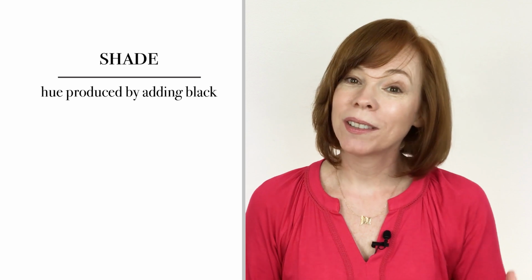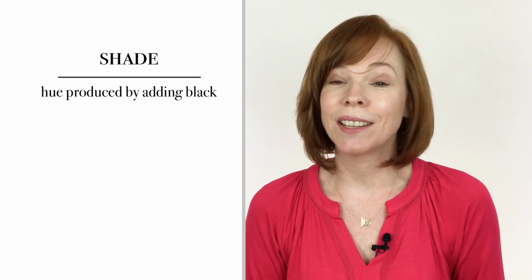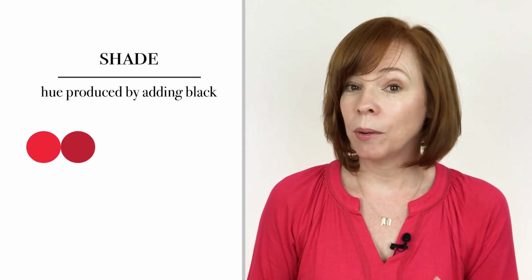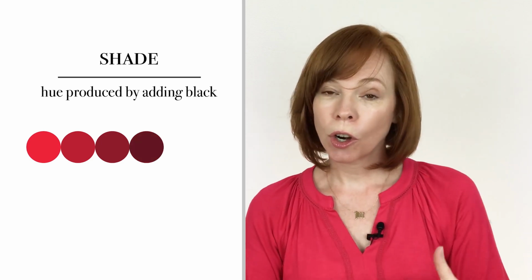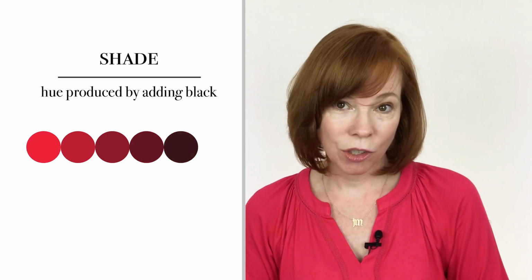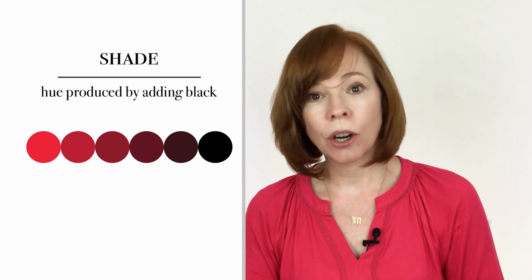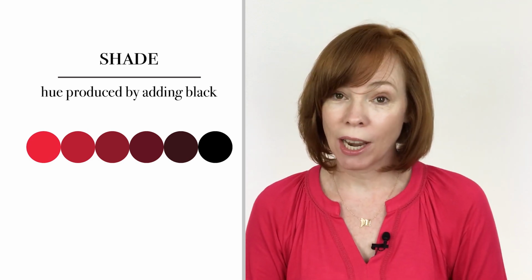As we talk about that lighter or darker version of that color, often we speak about that in terms of a shade. So if something is a shade of a color or a hue, the shade would be darker. That is when black is added to that original intense color, and then it gets darker as it goes along. So that's when black is added to a color, we get a shade.